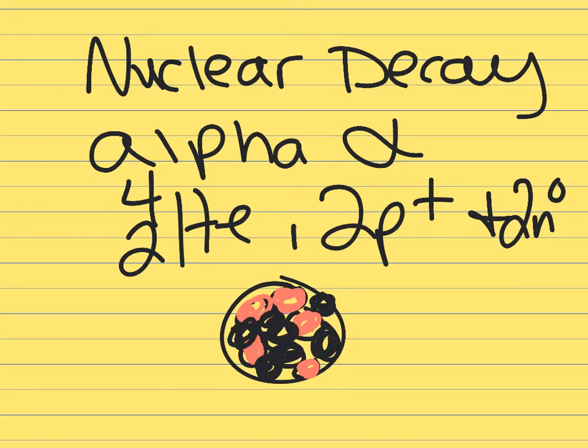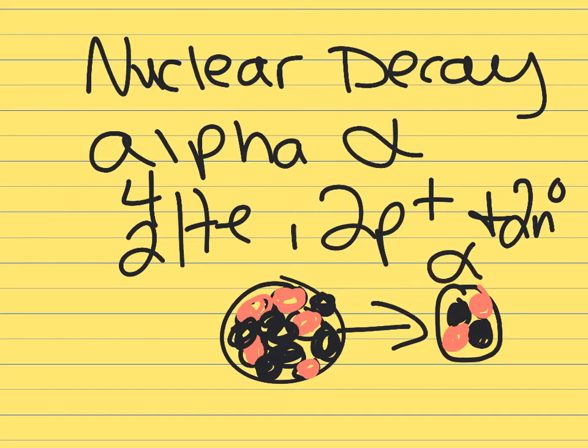So it's an unstable nucleus and it's going to break down. If it breaks down by alpha decay, what you would get is a little particle that contains 2 neutrons and 2 protons. And that's your alpha particle right here.